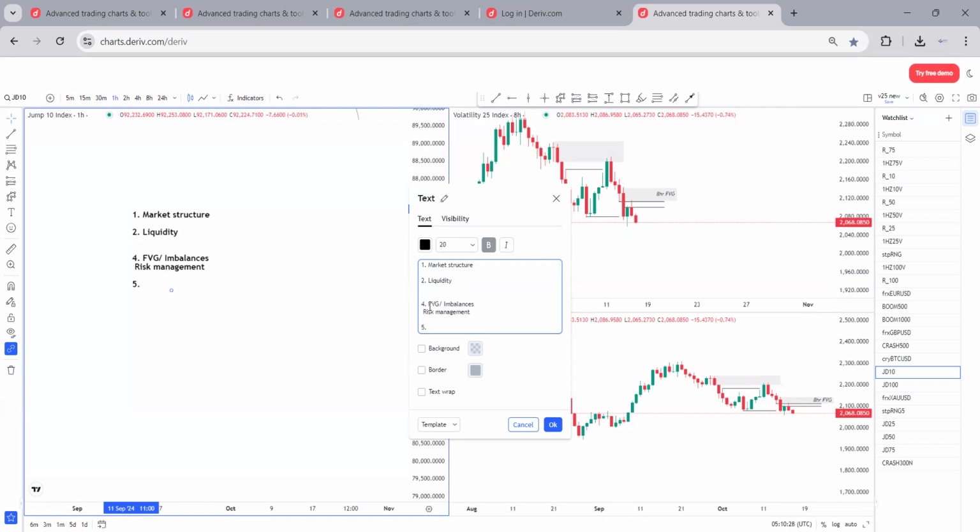Shift entry to 4. Good. Put entries right here.